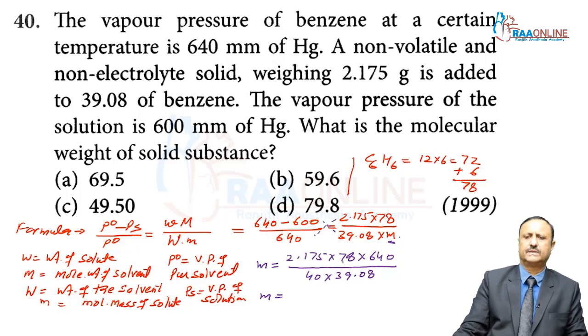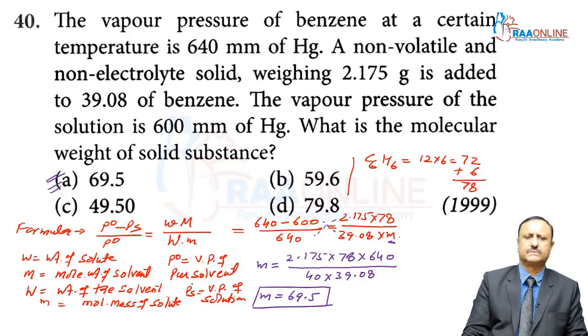When you do this multiplication and division, then the molecular mass of this solid substance, you can get, my dear students, 69.5, and this is the answer of your question. Now, for question number 40, you can go to the answer A.